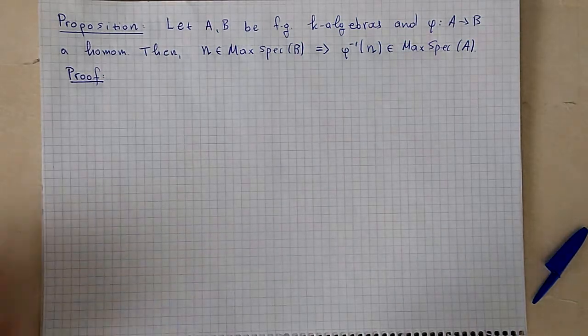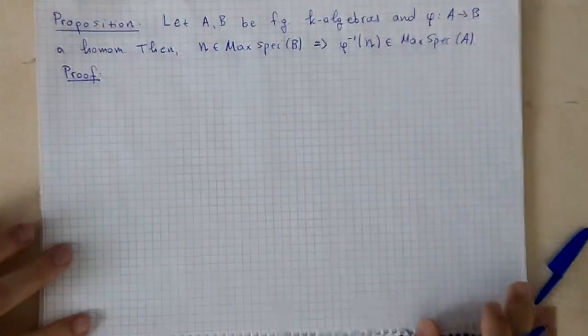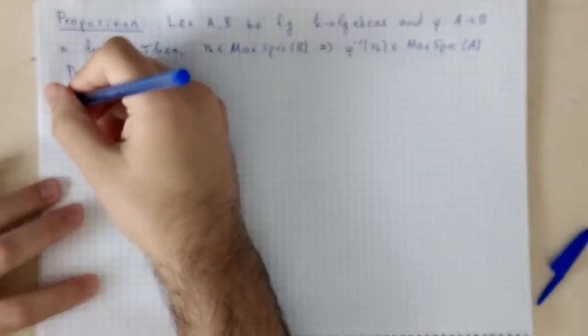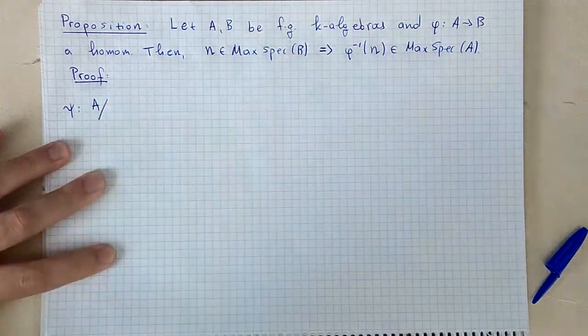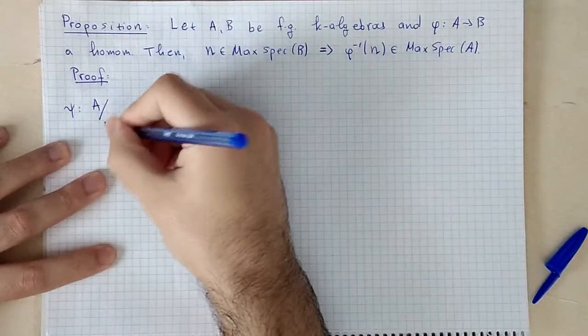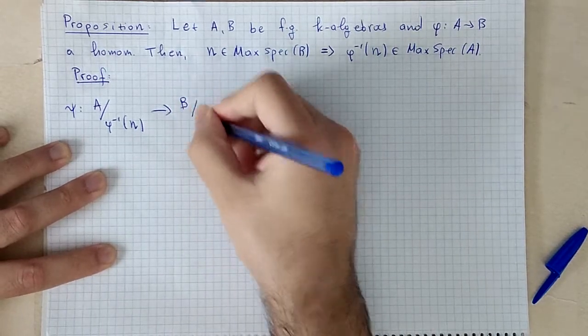Okay, so we start by defining a homomorphism. I'm going to call it psi. So define psi going from A mod the pre-image of n to B mod n.